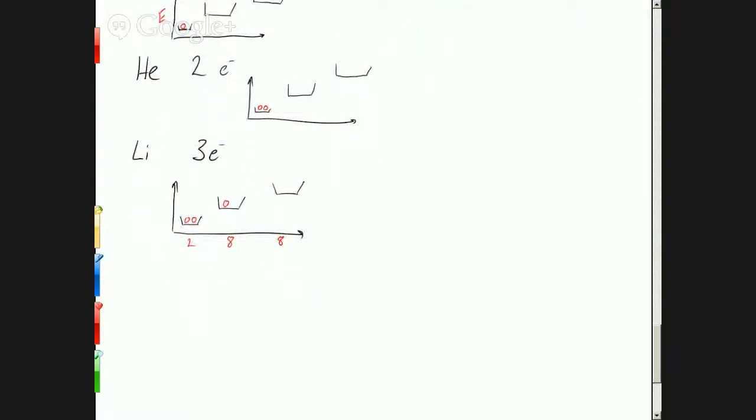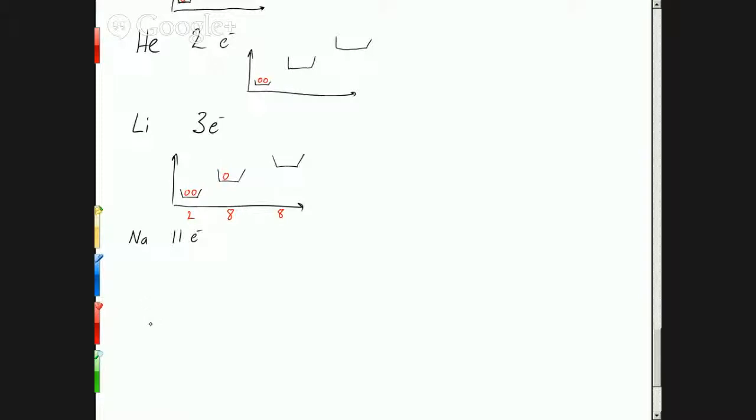So now let's jump down and look at sodium, Na. How many electrons does sodium have? 11. And this E with a little negative sign, that's just a short abbreviation for electron.